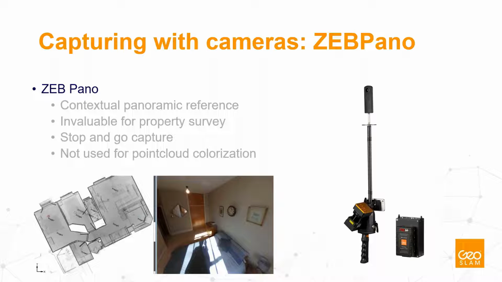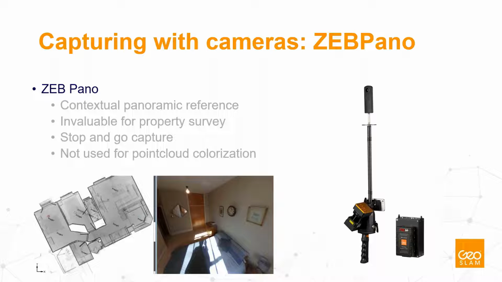You don't need to stop for a specific number of seconds, but you need to be still for the images to be aligned along the point cloud or its trajectory. The workflow is also integrated with Draw.